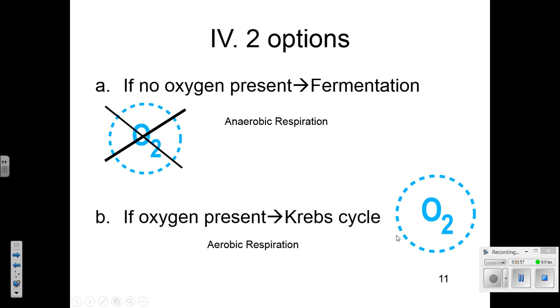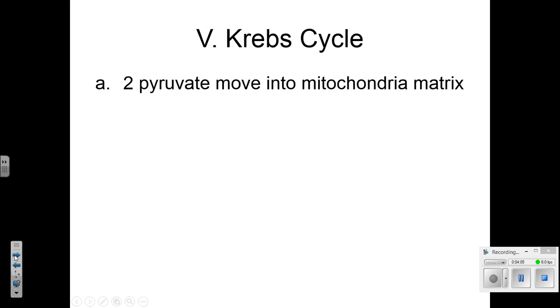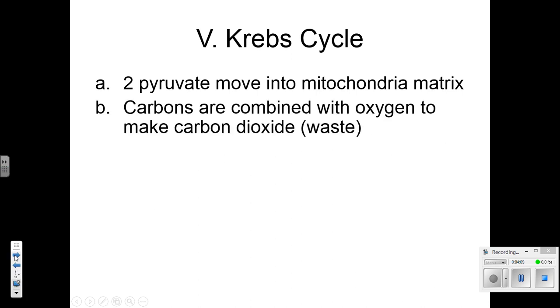And that's called the Krebs cycle, the next part of that. All right, so the Krebs cycle, we're going to take those 2 pyruvate molecules and move them into the mitochondria. And now we're going to pluck off the carbons of the pyruvate and combine those with the oxygen molecules that are free floating in your mitochondria and create carbon dioxide as a waste product.